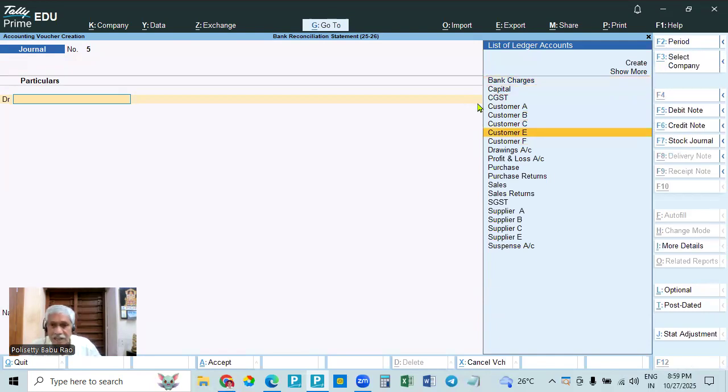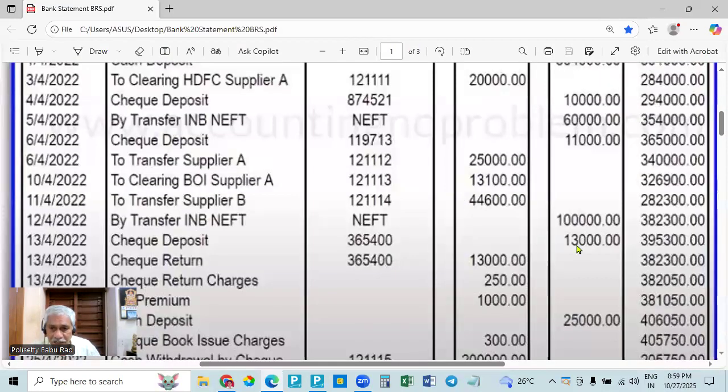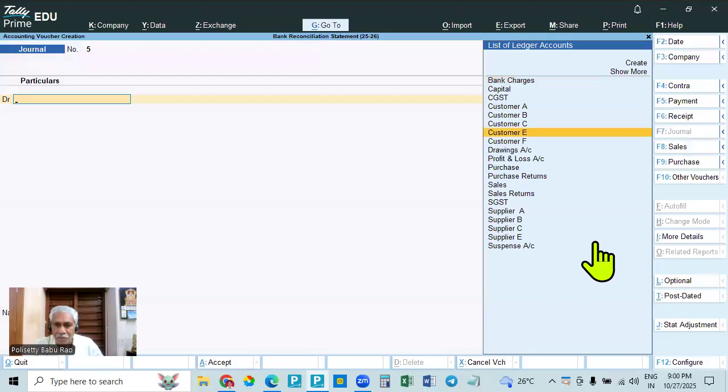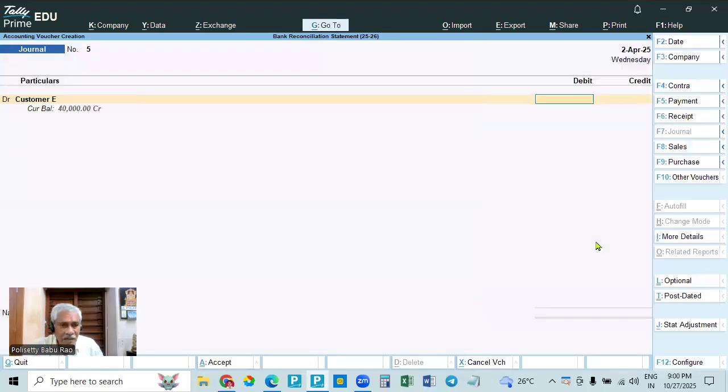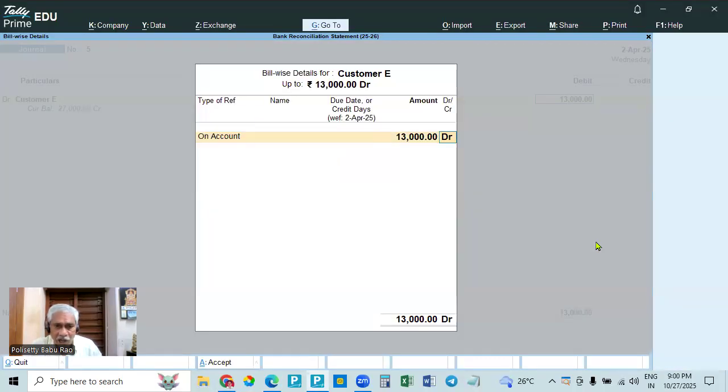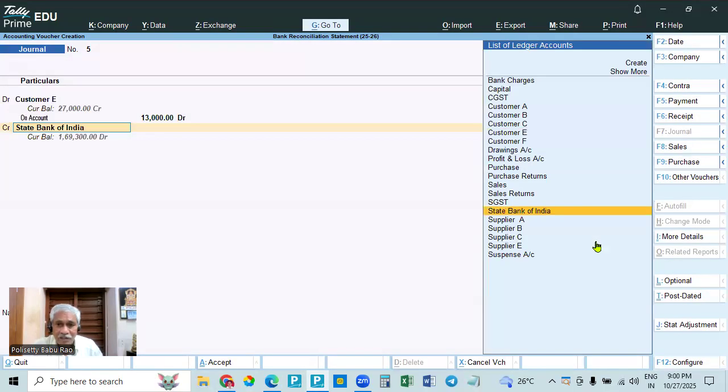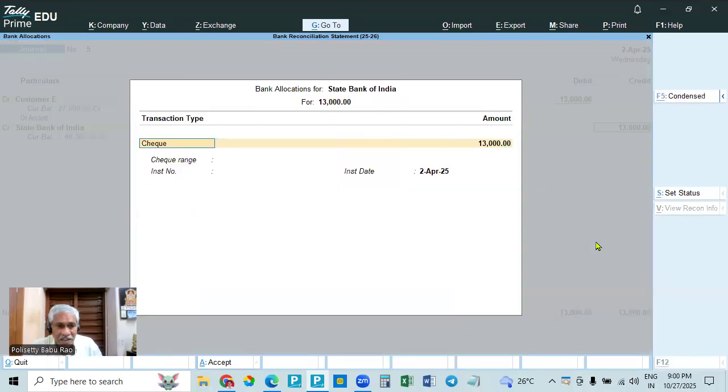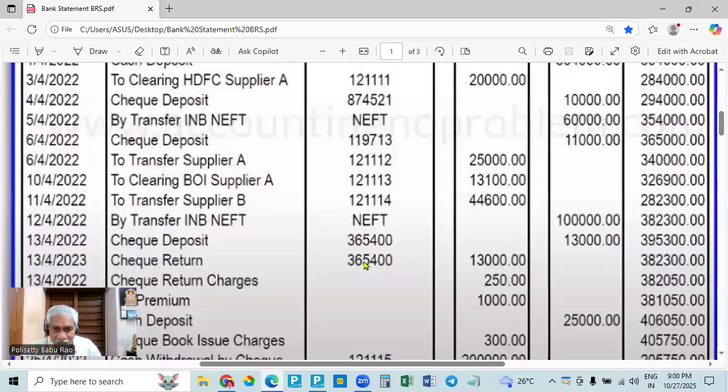So we entered 13,000 rupees, the 13,000 check deposit. Now it is to be credited to the customer, and the amount is 13,000 rupees, on account because there will be no bill payment.